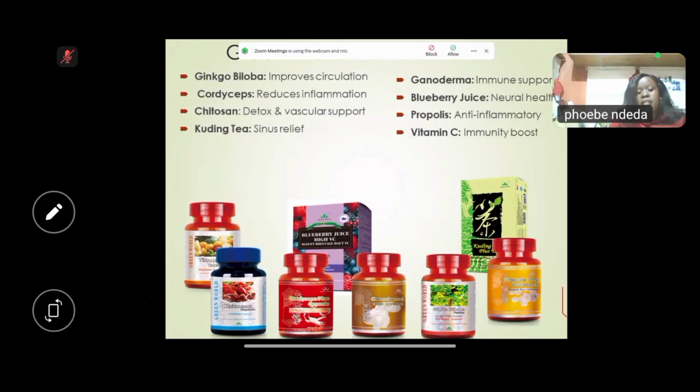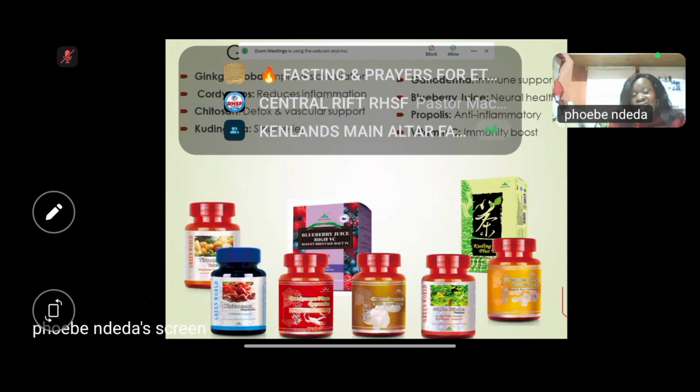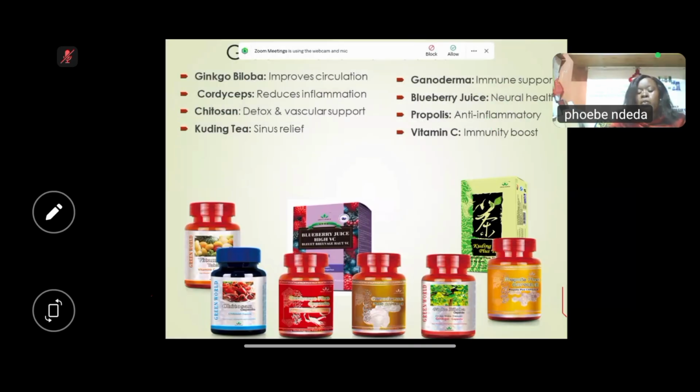Cordyceps is very important because it reduces inflammation, and remember, just by taking it, it improves the health of your lungs, in that now your lungs are in a capability to absorb enough oxygen through the air circles. Then we also have chitosan, very good for detox and also vascular support.